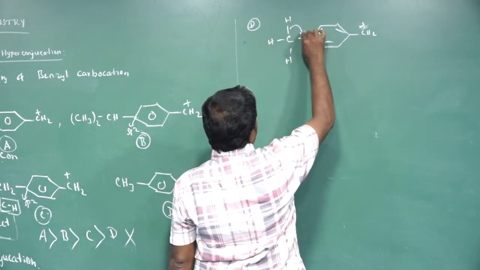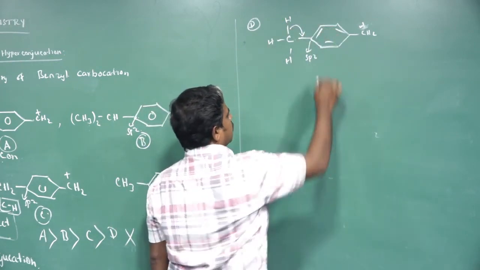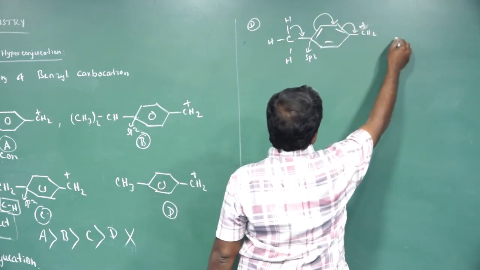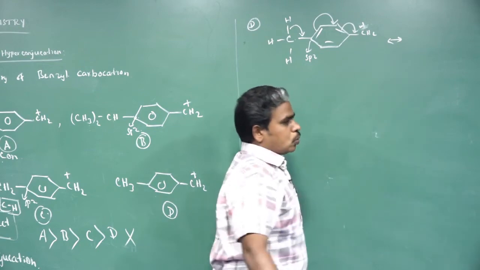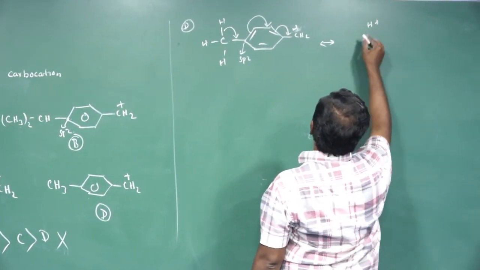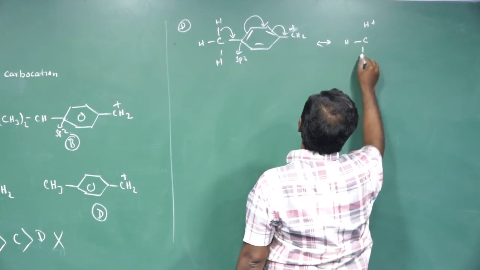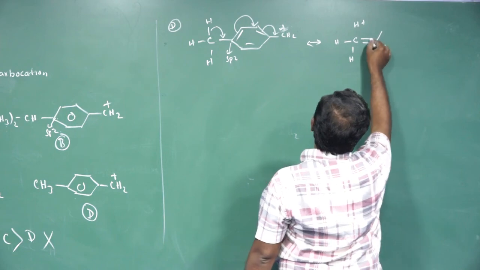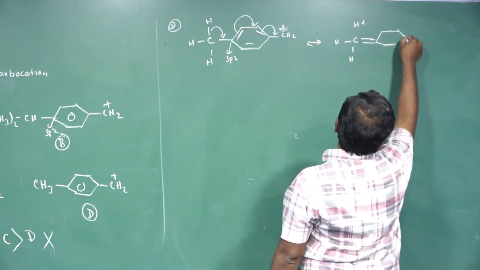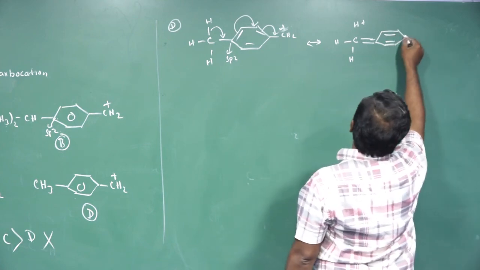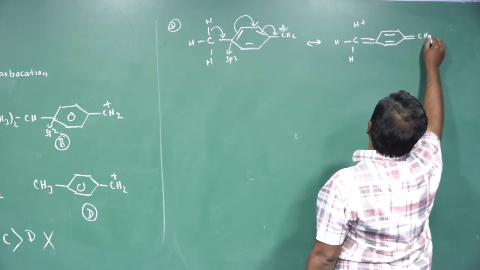So delocalization occurs: this bond goes here and this bond goes here, and we get a resonance structure with a double bond and CH2.